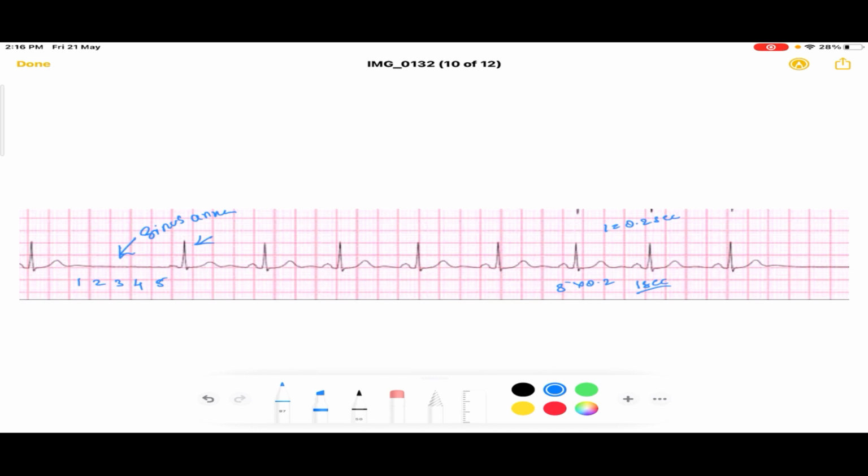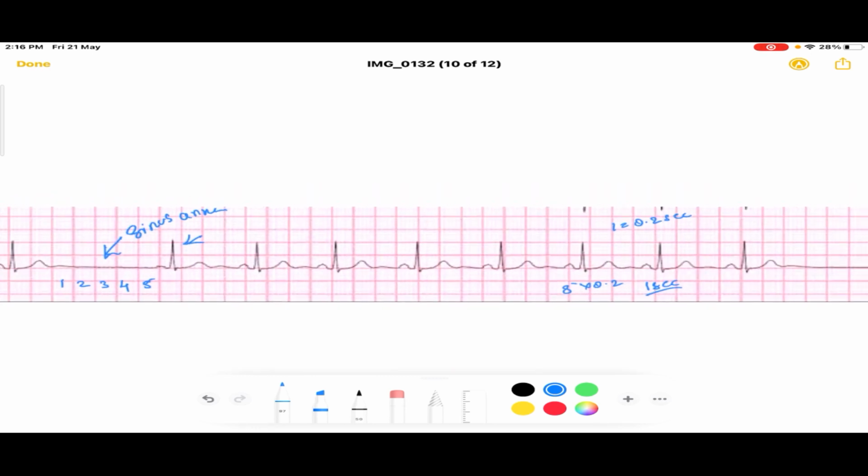Here in the escape beat, if you see, it has a P wave, so it cannot be a ventricular complex. It is above the ventricular, so it is supraventricular. If you compare the P wave contour with the others, it is altered. So P wave is present with altered morphology.